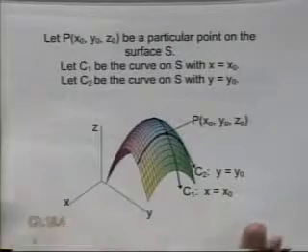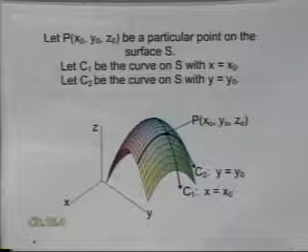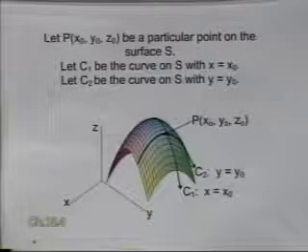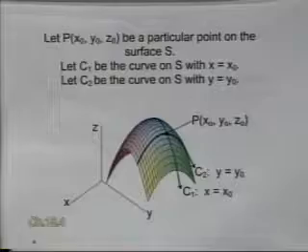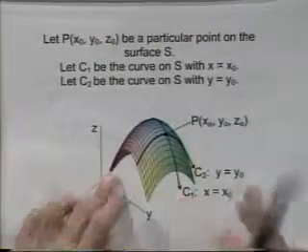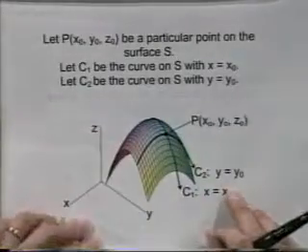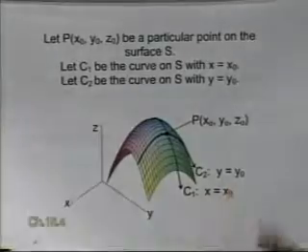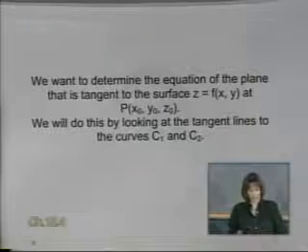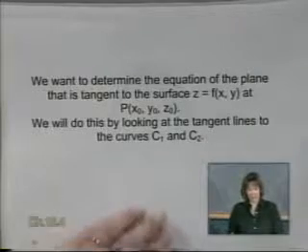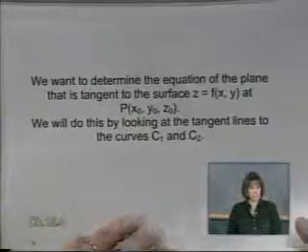Now I want to show you how we can derive the formula for the equation of the tangent plane to this surface, z equals f of x y, at that particular point x naught, y naught, z naught. So the first thing I'm going to say is we want to determine the equation of the plane that is tangent to the surface z equals f of x y at the point P. We will be looking at the tangent lines to the curves C1 and C2.